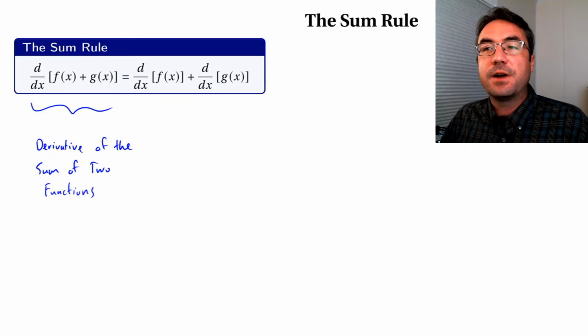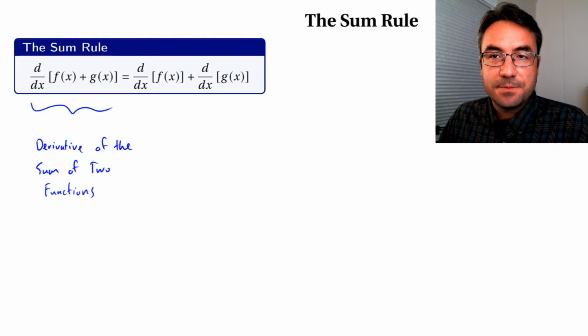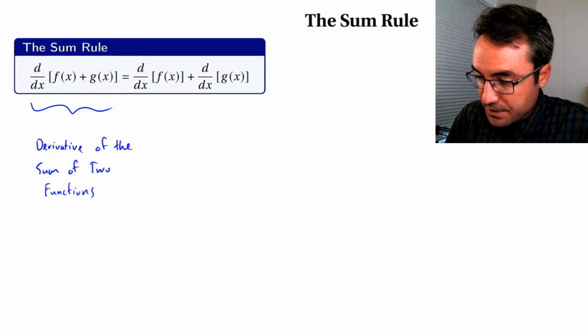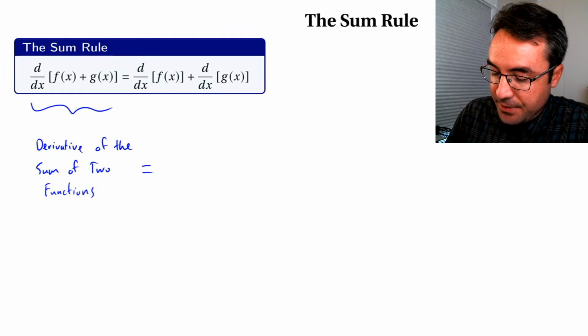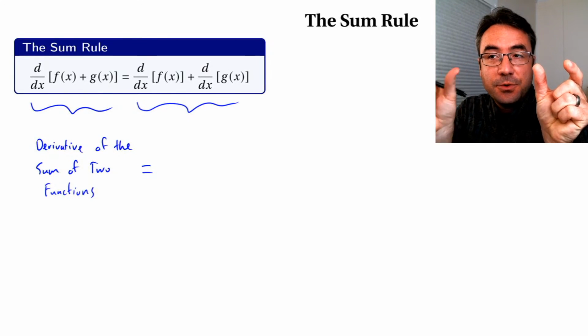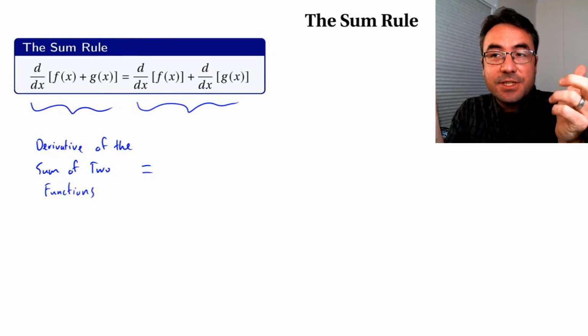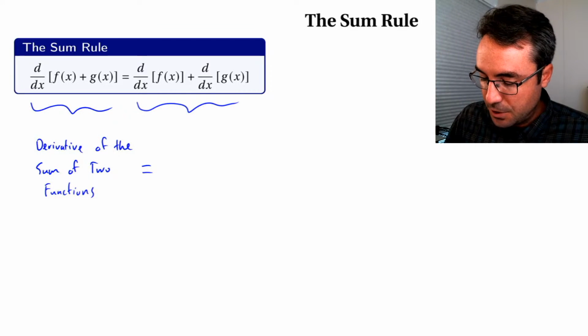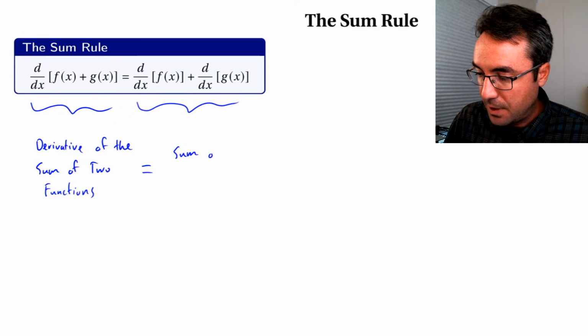And it turns out it works very nicely with derivatives. So what this rule says is that on the right side, we can just do the derivative of f, do the derivative of g, and then just add those results together. So it's equal to the sum of the derivatives.